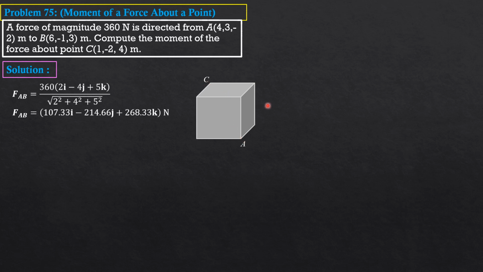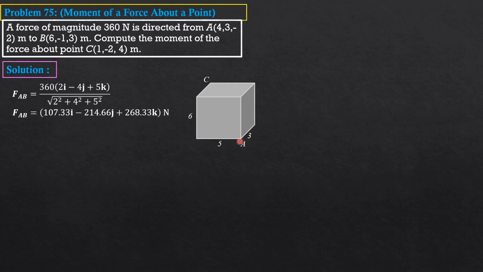So for the dimensions of this box, this is 3 along X, along Y, 5, where 3 minus negative 2 is 5. Then along Z, 4 minus negative 2, so it's 6 along Z. So this is the box.